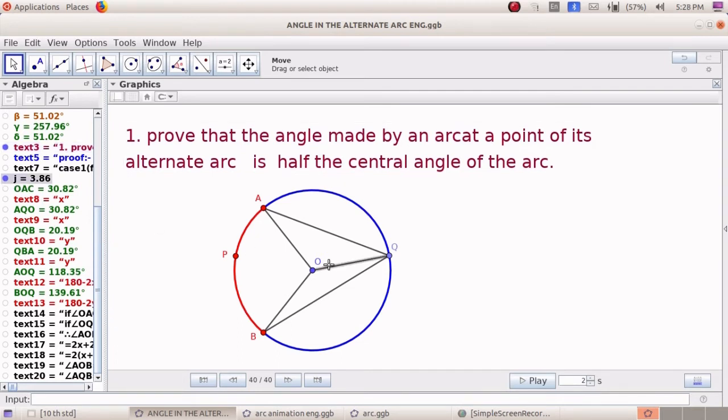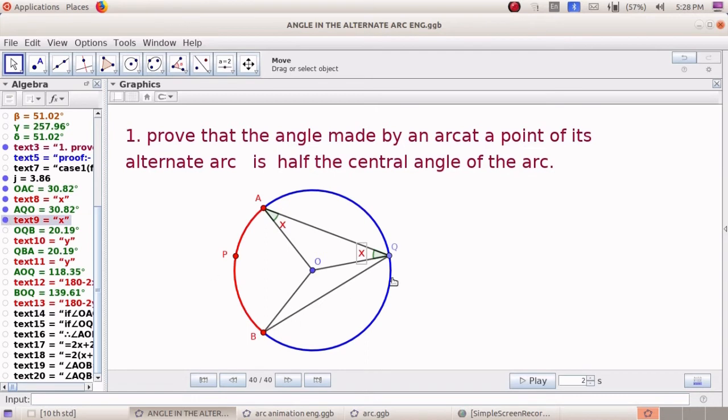See, now we get two isosceles triangles here. As all these are radii, these two are isosceles triangles. And so whatever measure is given here, the same measure is there here. If we suppose this angle is x, the angle at this vertex is also x.